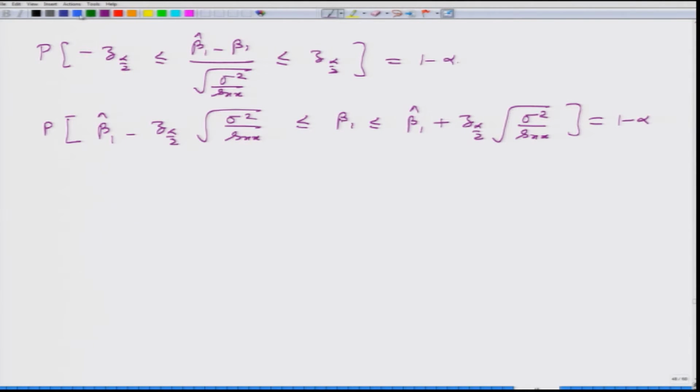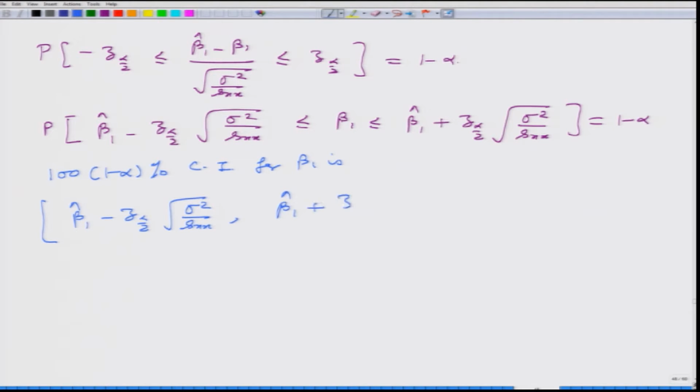So, finally, the 100 (1 minus alpha) percent confidence interval for beta 1 is the interval beta 1 hat minus z alpha by 2 times square root of sigma square over Sxx, to beta 1 hat plus z alpha by 2 times square root of sigma square over Sxx.